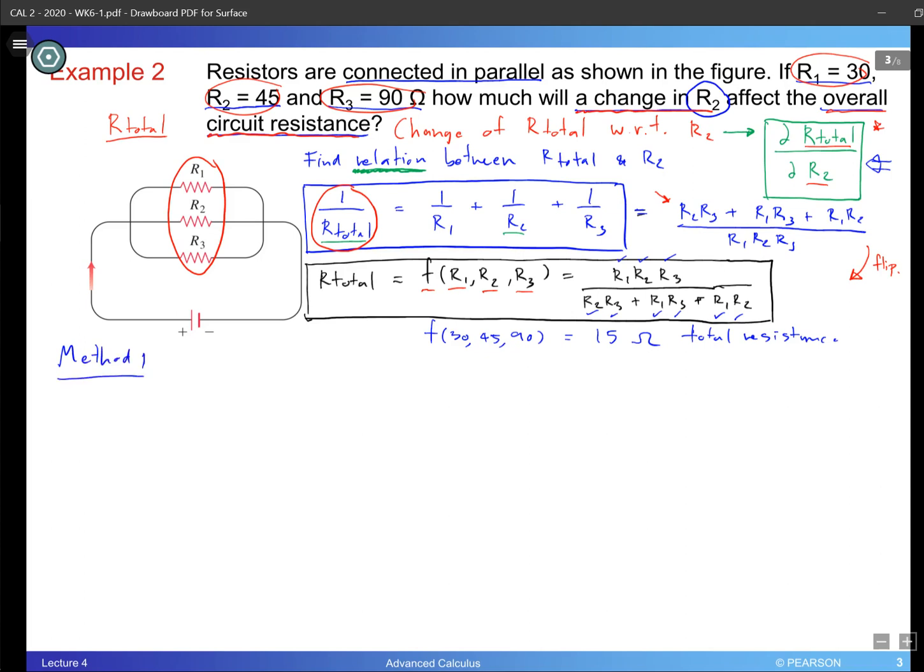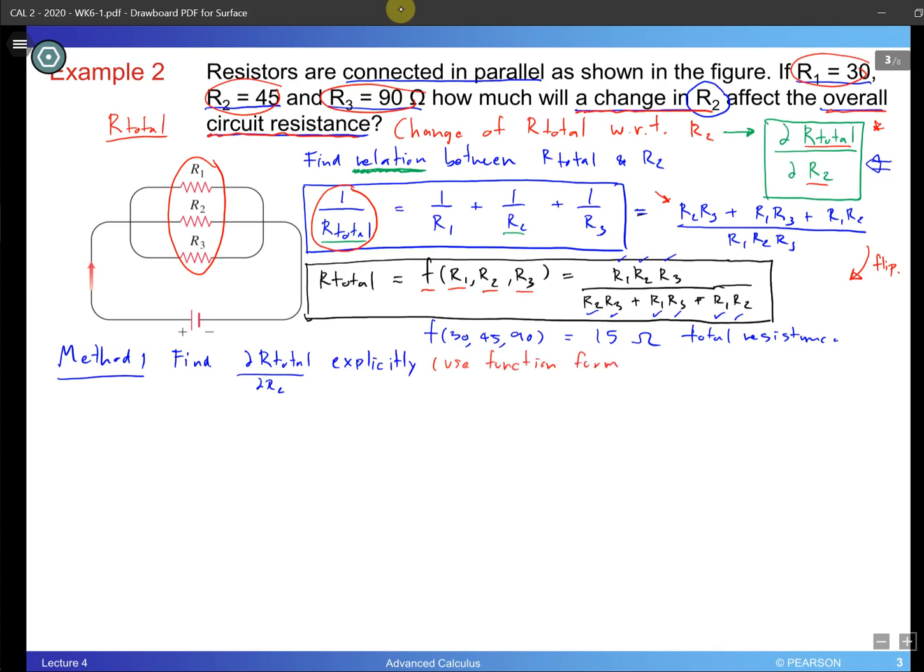We want to find the partial derivative of R total with respect to R2, and in this case, we are going to find it explicitly. So the keyword is explicitly. What does that mean? It means that we are going to work with a function. Make a note right here: use function form.